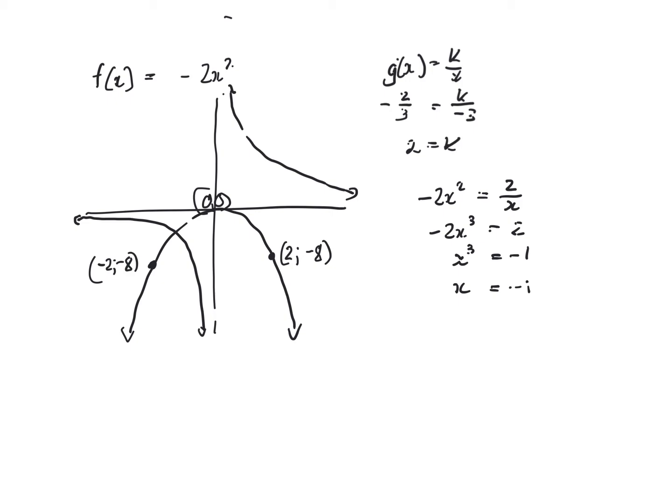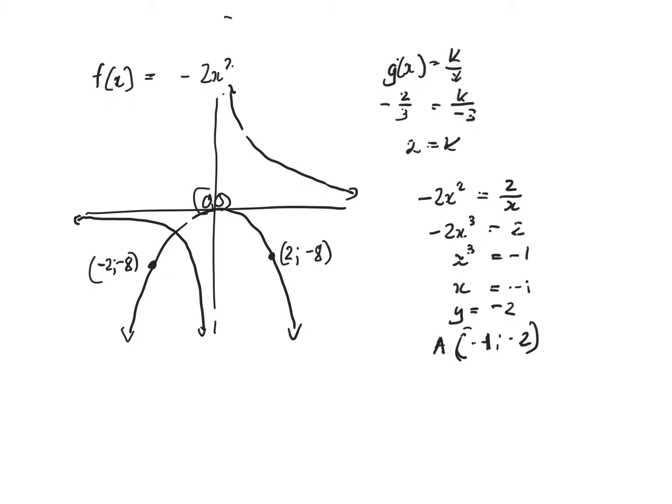And if x is -1 and I substitute it into the hyperbola, I will get -2. So A's coordinates are (-1, -2).